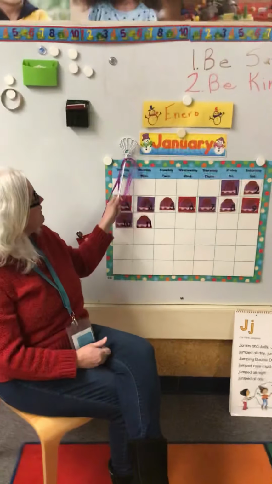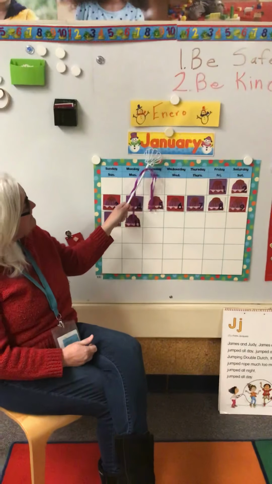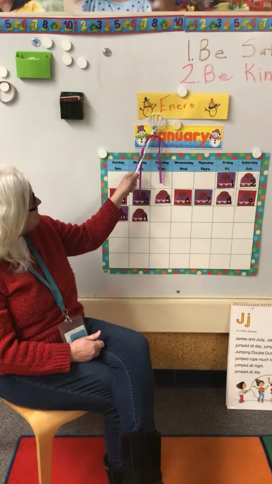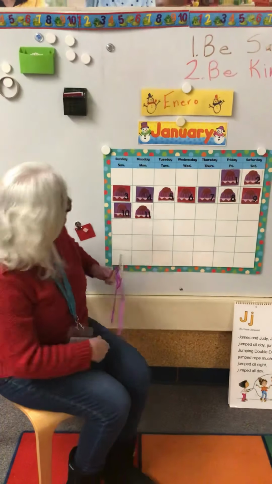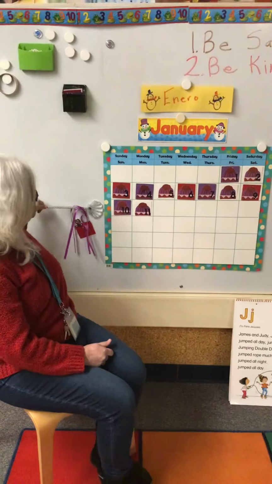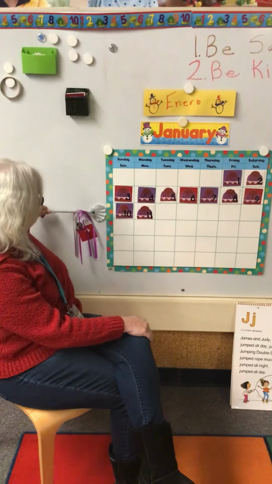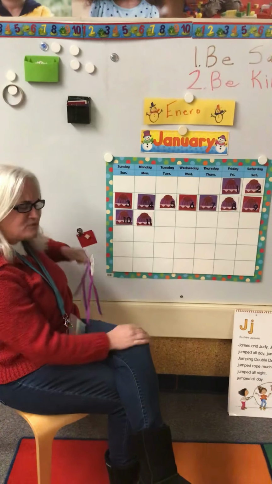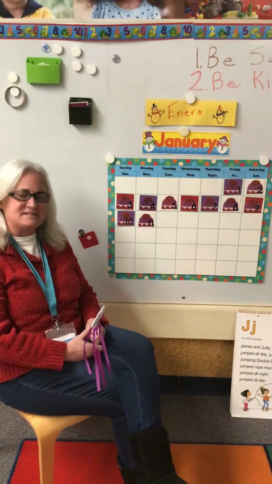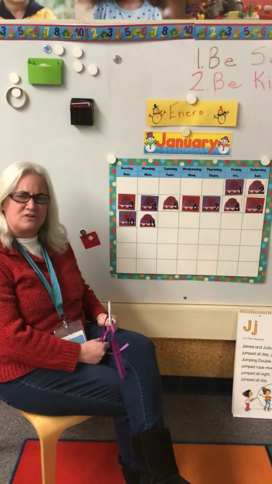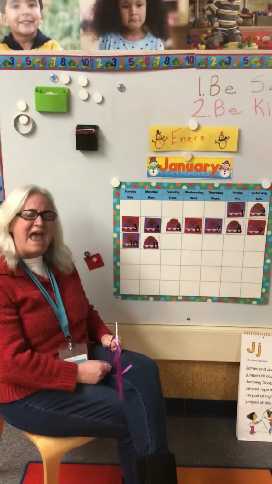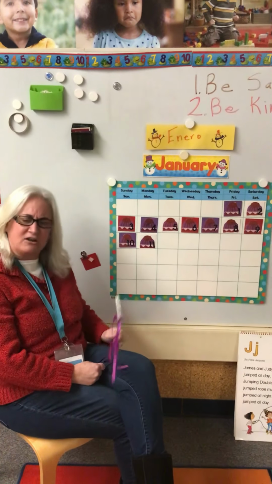Here's the month we are in, January. Enero in Spanish. We're still in the season of winter, but now we're getting to the middle of January. So let's do some counting. We always count our calendar numbers together, so we count every day on YouTube.